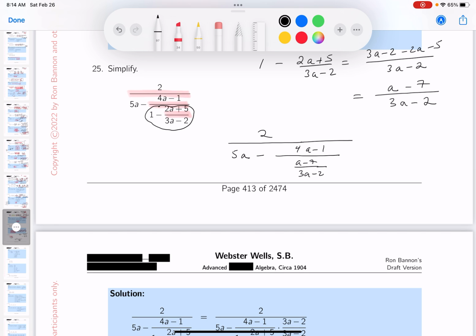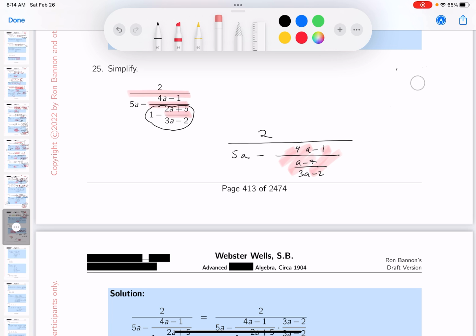I'm looking at it, and I want to point out that I'm going to be taking care of this business now, and I think I can do it. Now, let me erase this up here. I'm going to rewrite it without doing too much work. So what I really see is 4a minus 1 divided by a minus 7 over 3a minus 2. Well, that's simple enough.